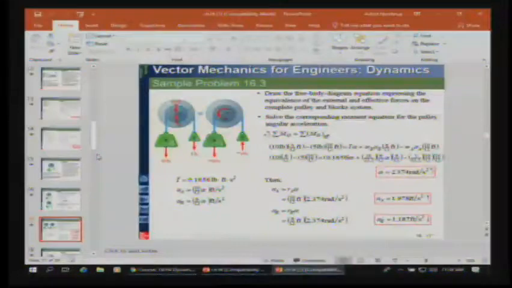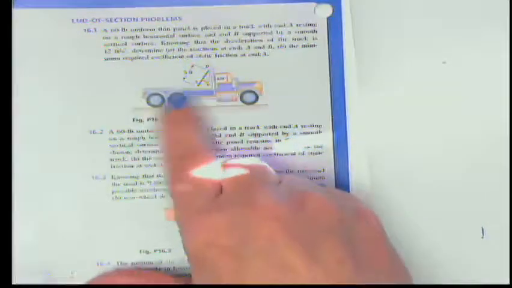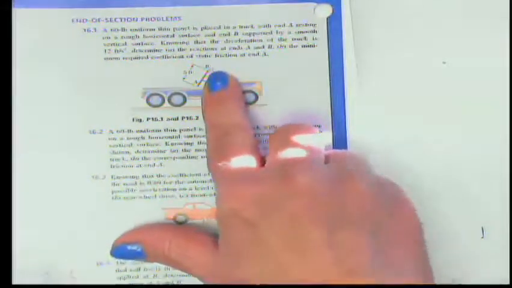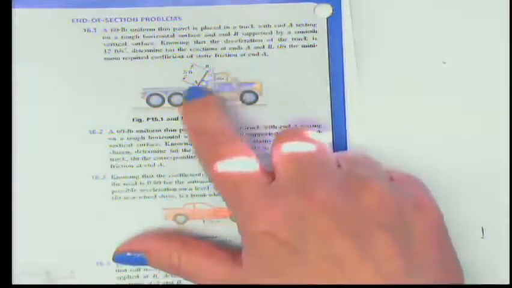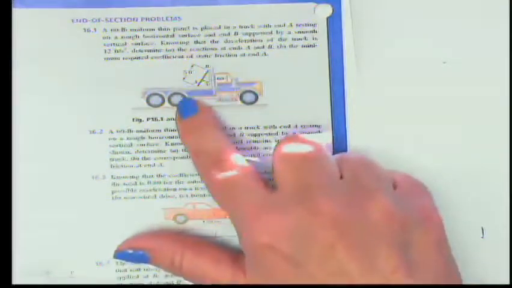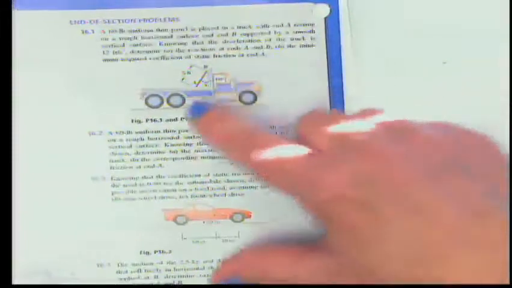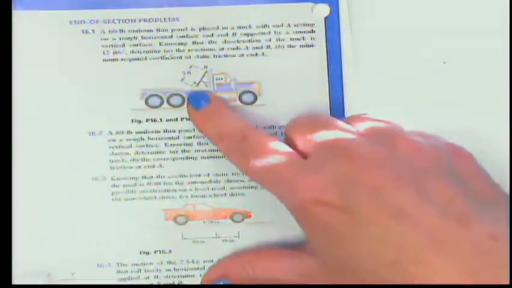So the problem in your homework is problem 16.1. And basically, you have a thin panel on a truck right here. And it's actually the same setup for problem number 2, which I'm going to work in class. You have a length, you have an angle, and here we have A resting smoothly here on a rough horizontal surface.